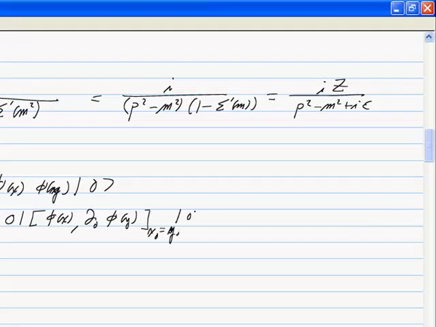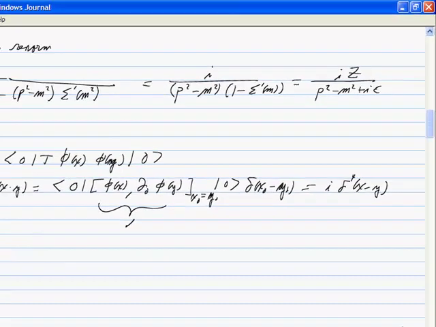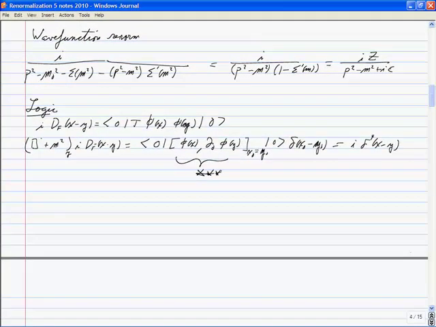So there was a theta function that we differentiated, times delta of x0 minus y0. And this was i delta 4. That's the whole calculation that we did. This was our commutation rule that defined the theory.